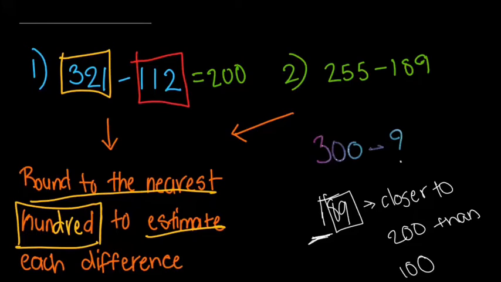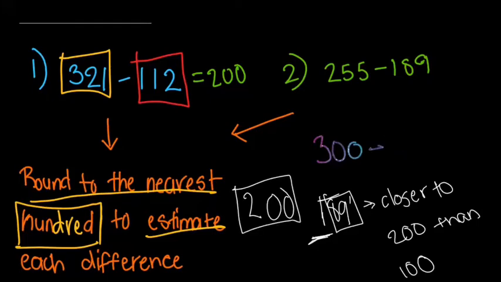So that means, like we did for the 255, the first number, which is a 1, changes to 2. And the other two numbers go to 0. This is because 189 is closer to 200 than it is to 100. So this becomes 200.